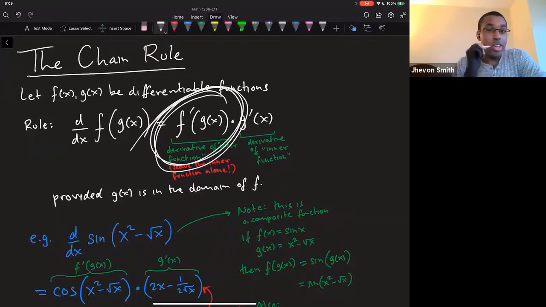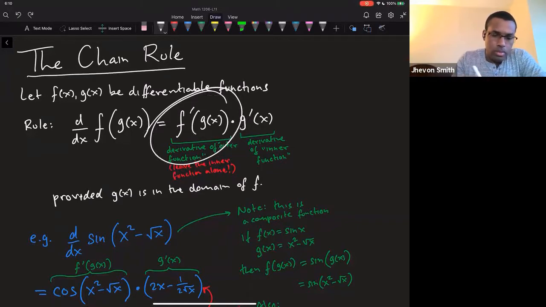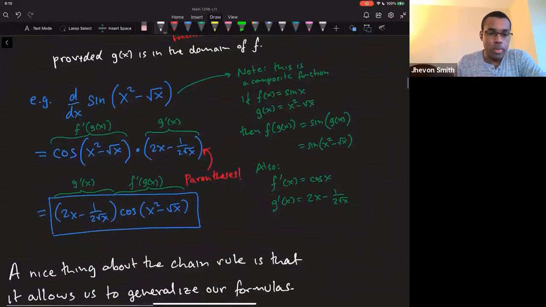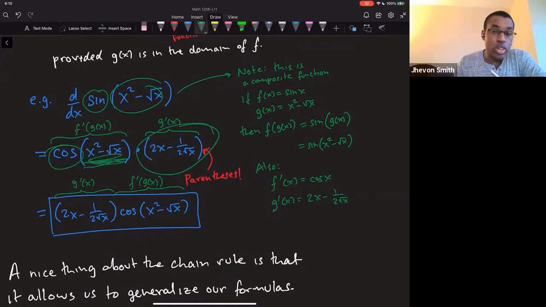Differentiate the outer function, you leave the inner function alone, so this stays as g of x, and then you multiply by the derivative of the inner function. So that's the chain rule. We did an example here. We had sine of something plugged inside the sine function. So the sine is the outside function. You differentiate the outside to get the cosine, and then you multiply by the derivative of the inside. And of course, you leave the original inside alone in the first part.